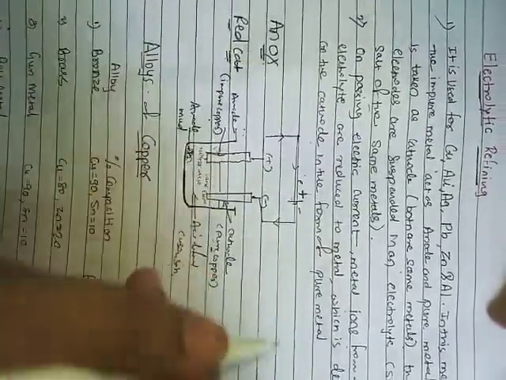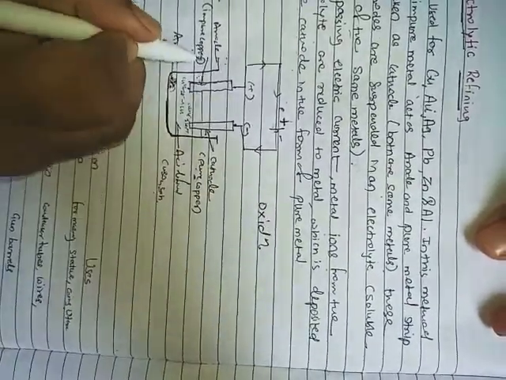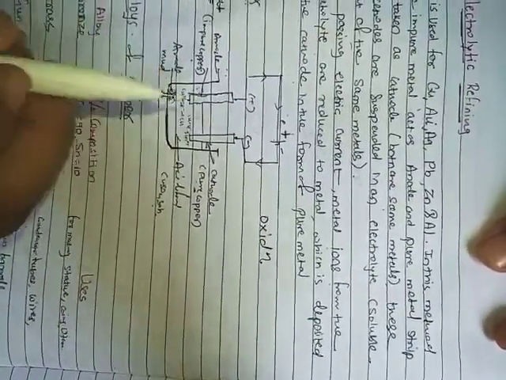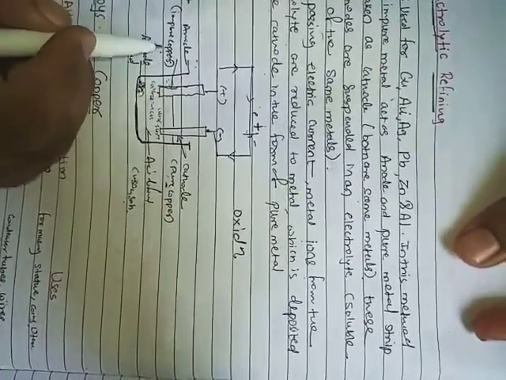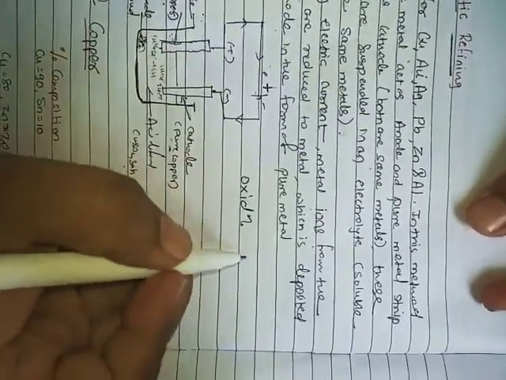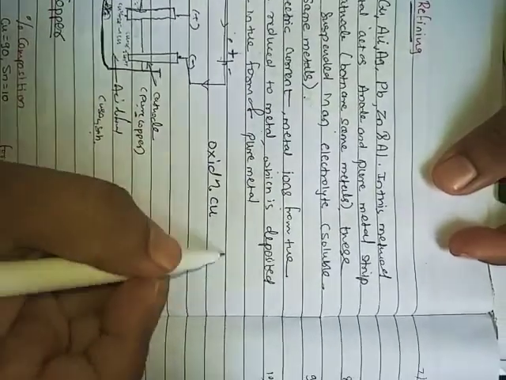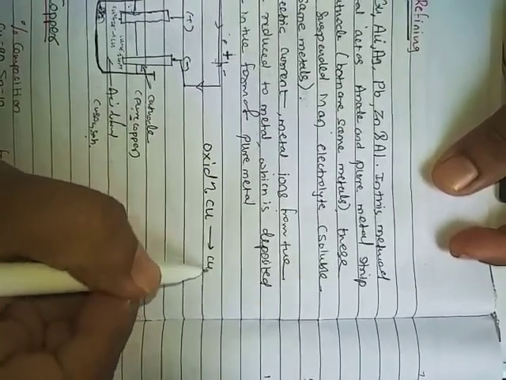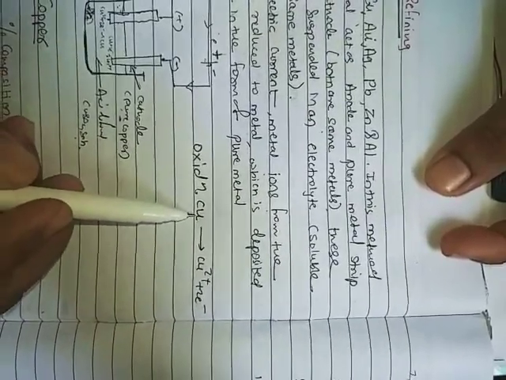So the oxidation reaction is on the anode. After switching on the electric circuit, the impure copper undergoes oxidation, which means loss of electrons. The reaction is Cu gives Cu2+ plus 2 electrons.